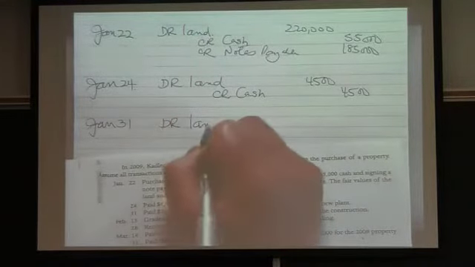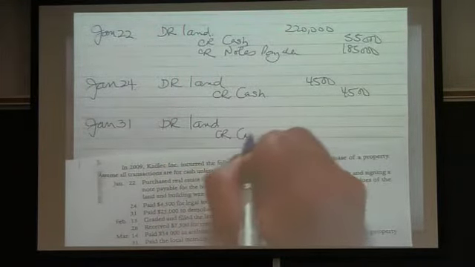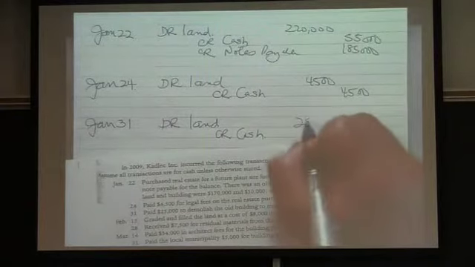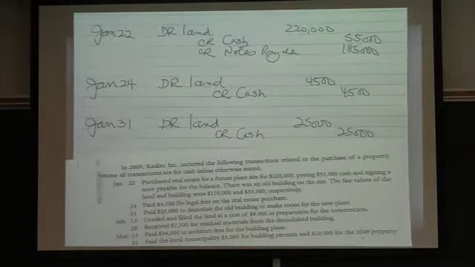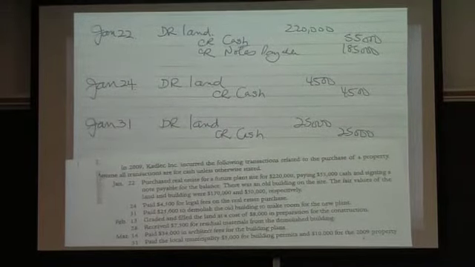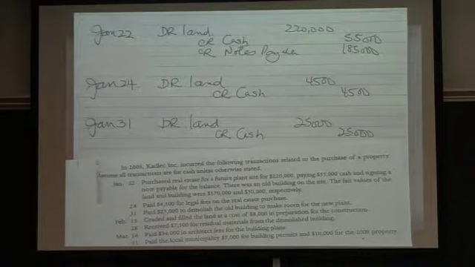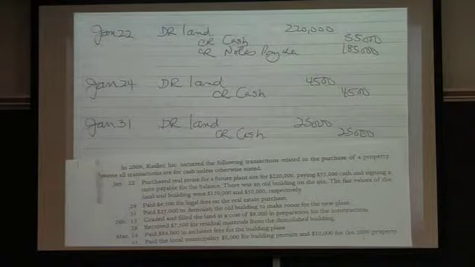So we're going to debit land and credit cash for that demolition cost of $25,000. Now, it's imperative that we record it as land because, as you know, land is not a depreciable asset. So it's not going to affect any future expenses in the form of depreciation if we put it all to land.